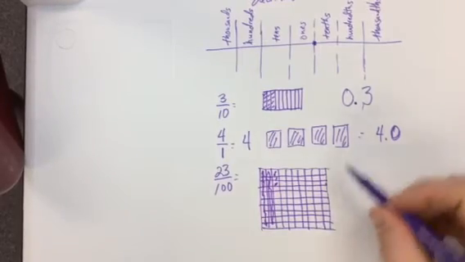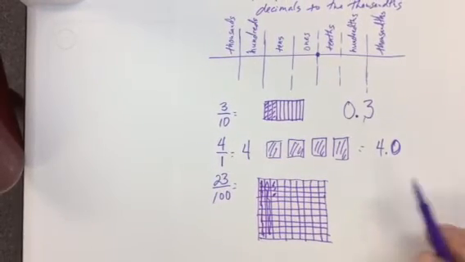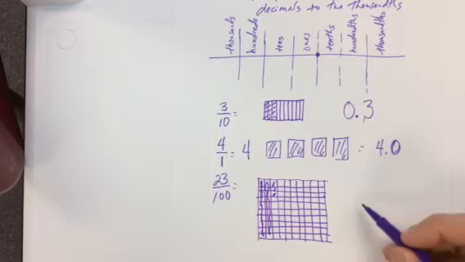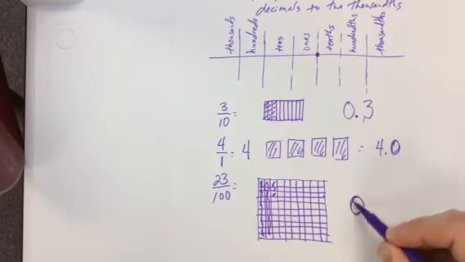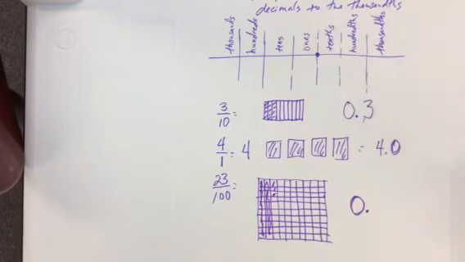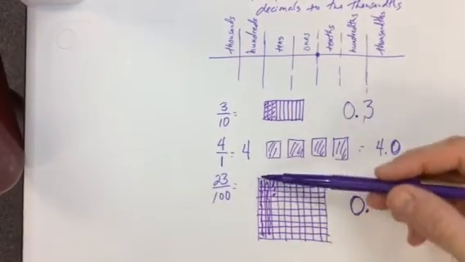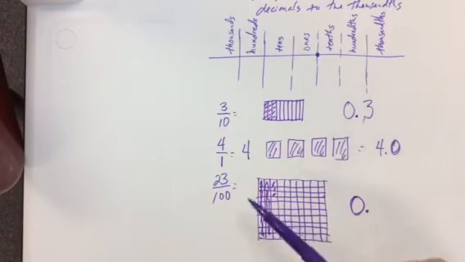So if I'm looking at my decimals and I'm trying to go from my place value again, how many wholes will I have? I will have 0 wholes. That would be in the ones place here. And then how many tenths would I have?